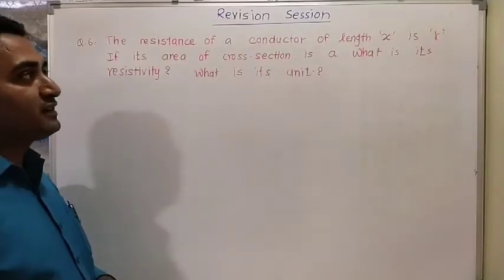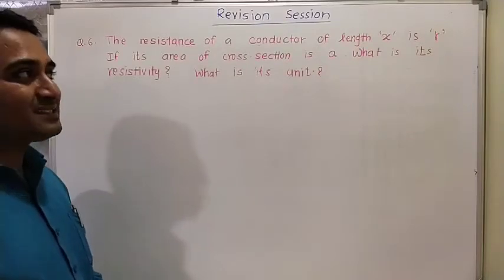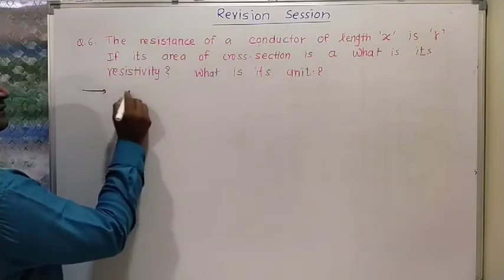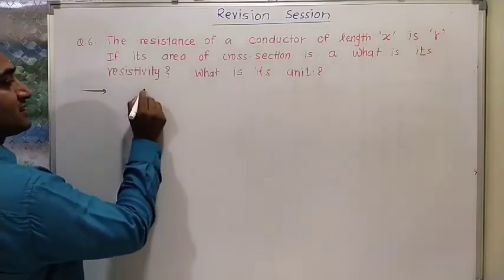The resistance of a conductor of length X is R. So see what is given to us. What is given? Resistance is given.